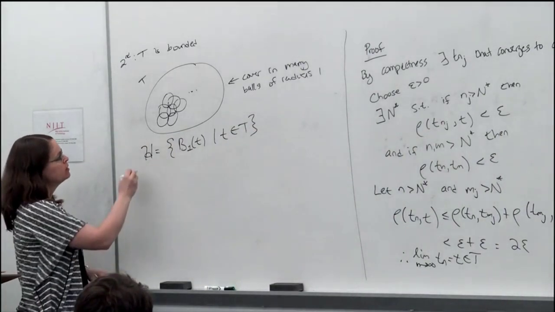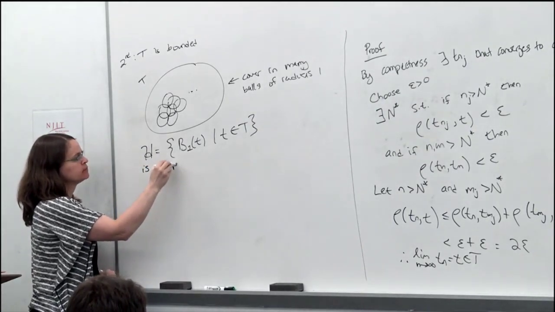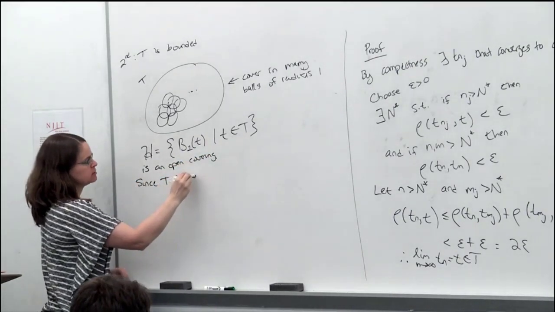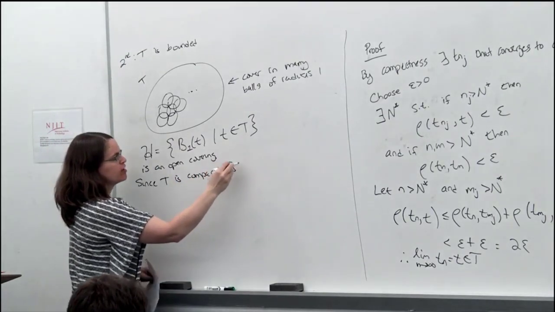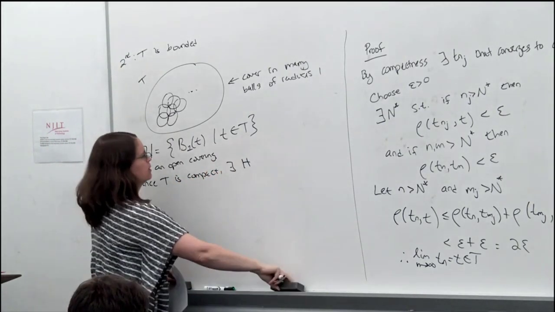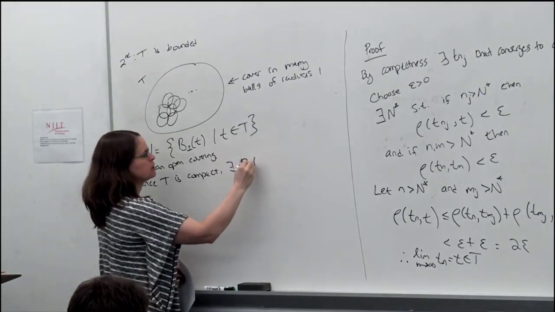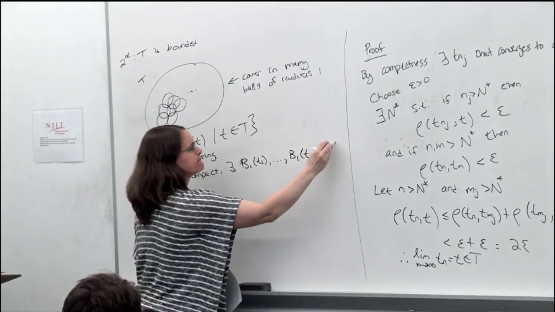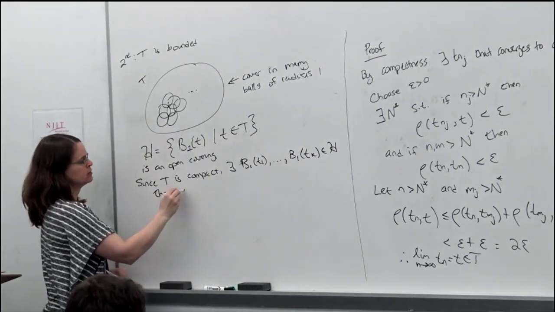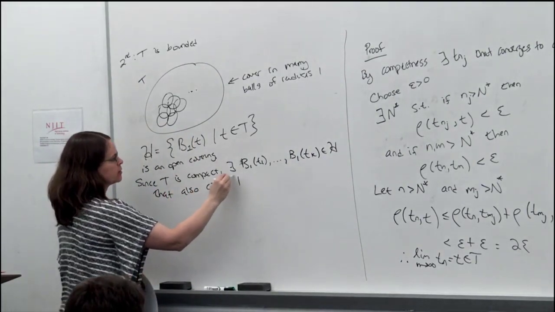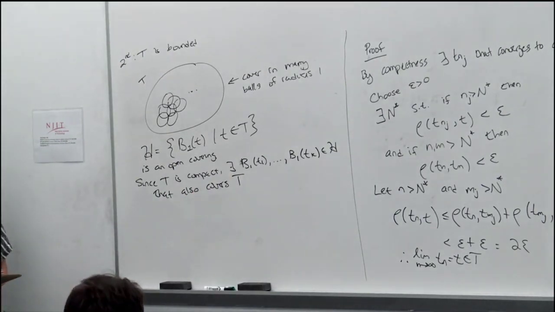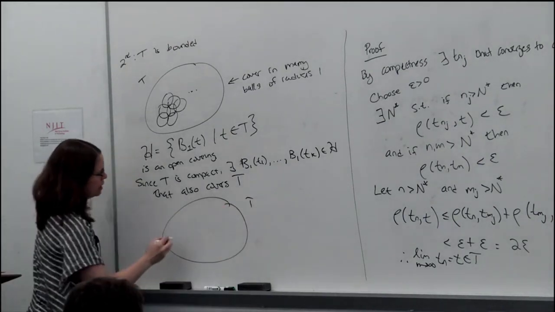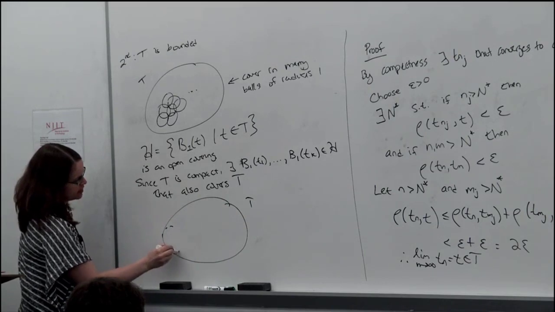So this is an open covering, but since T is compact, there exists a finite subcover that also covers T. So I go back to my set T, and really there's just finitely many of these that I need.